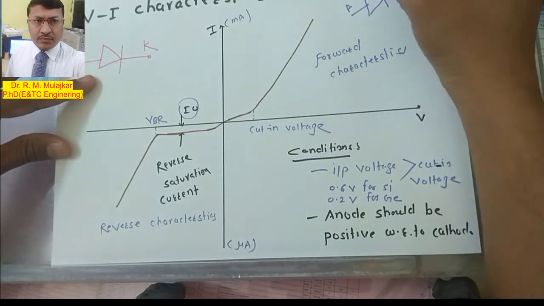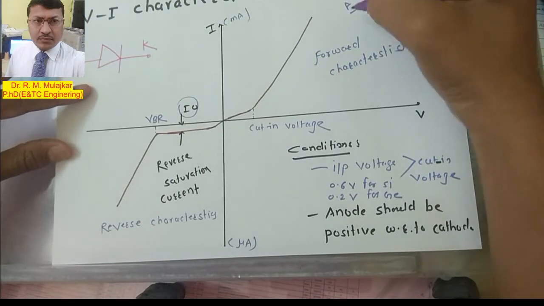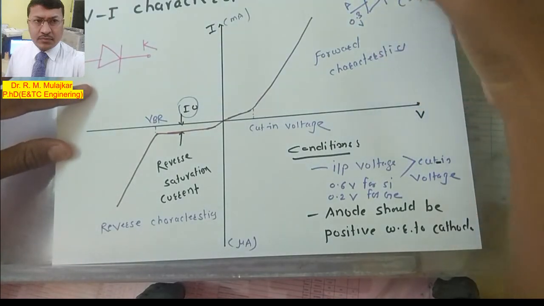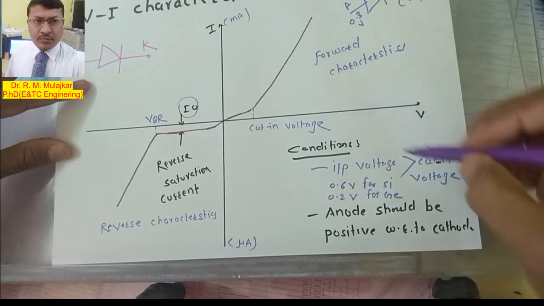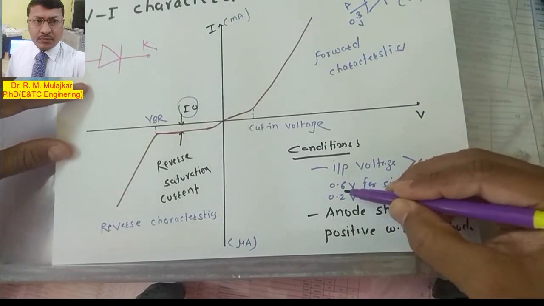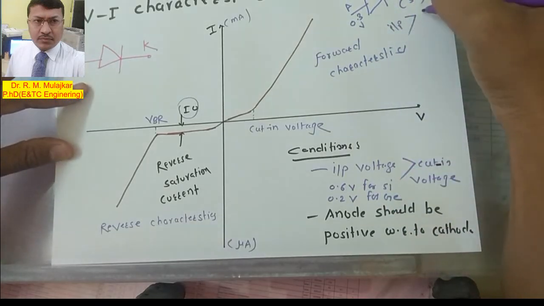If this is the anode, this is the cathode, and the diode is fabricated using silicon, and I have applied 0.3 volt, the current will not flow through the diode, because the cut-in voltage for silicon is 0.6 volt. So your input voltage should be greater than the cut-in voltage of 0.6 volt.